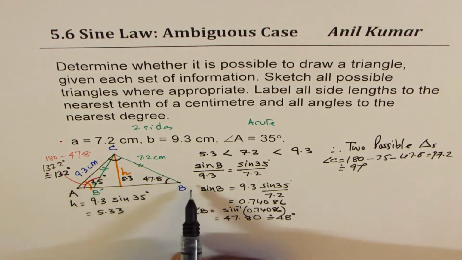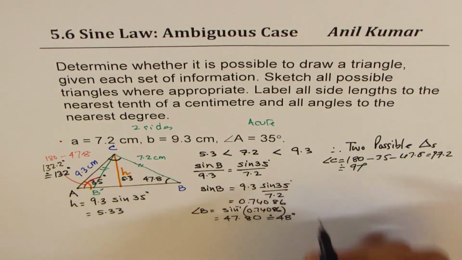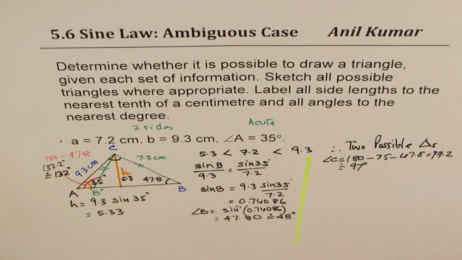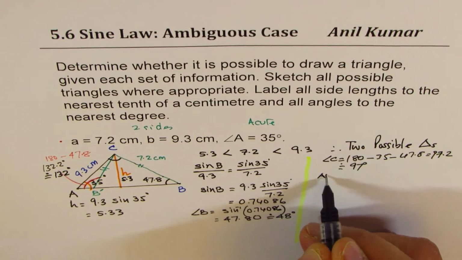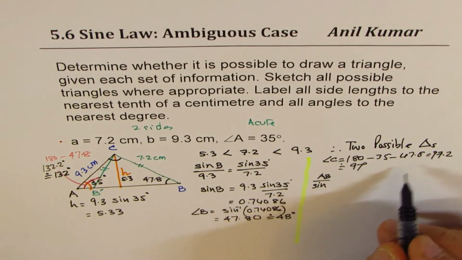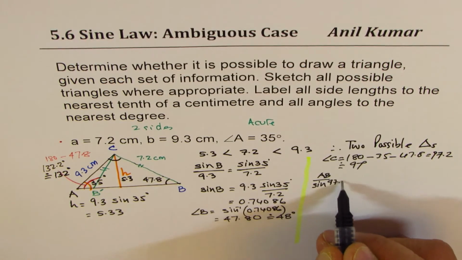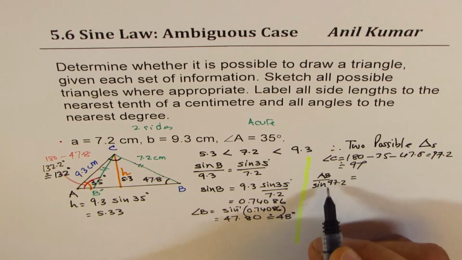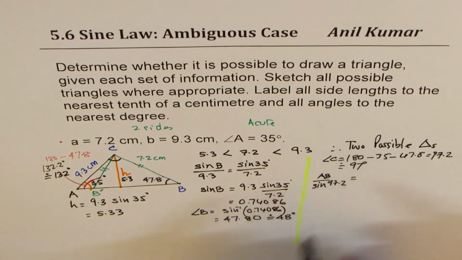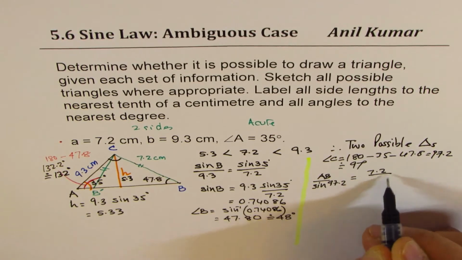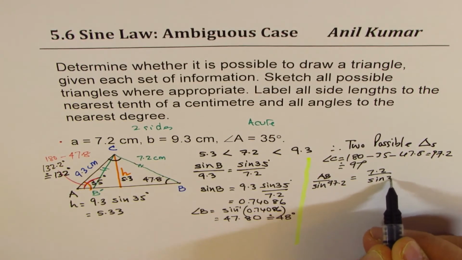Now let's find what AB is, right? So we can apply the sine law to find AB. So we have AB over sine C, which is 97.2. The idea is to use at least some accuracy. This gives you a more accurate result, right? And what we are given is 7.2 divided by sine 35.